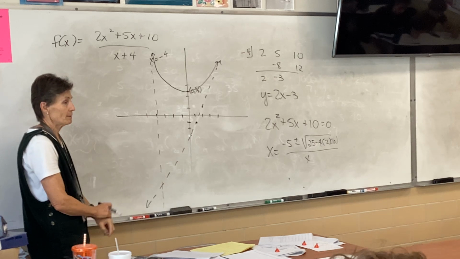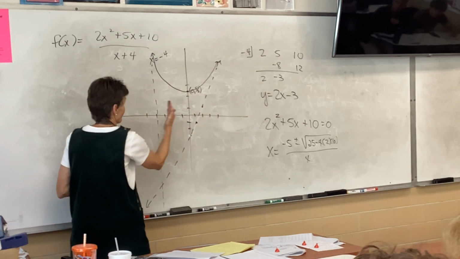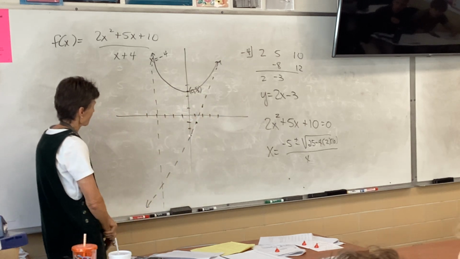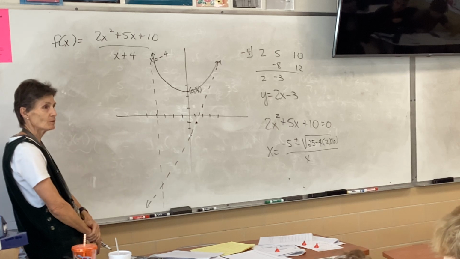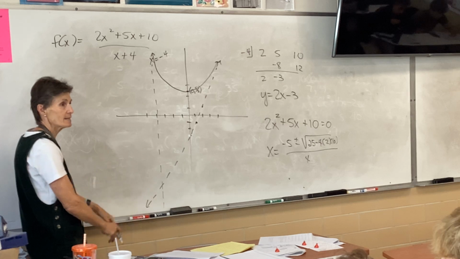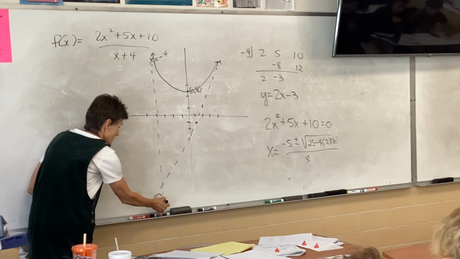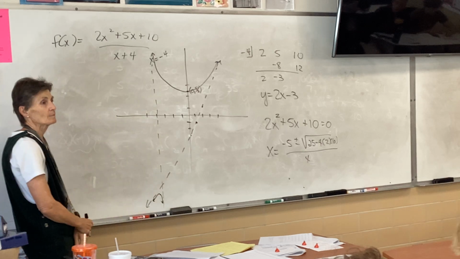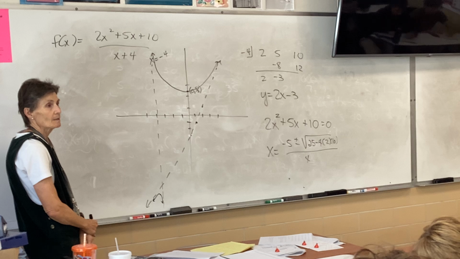That is what happens on the right side of the picture. Can anybody tell me what happens on the left side of the picture? It's a little bit tricky because you can hardly see it, but right down here, this is what happens. Did we just do that by plugging it in?